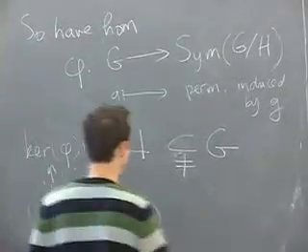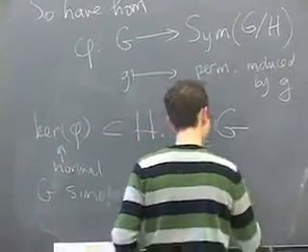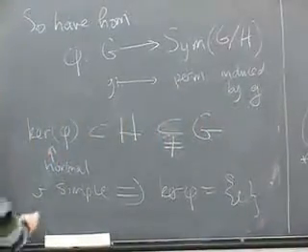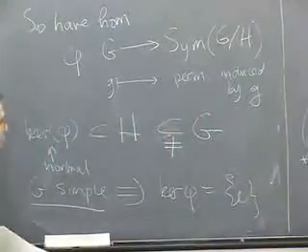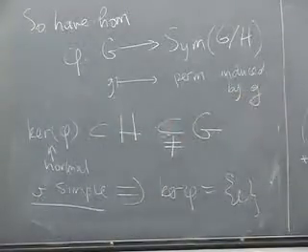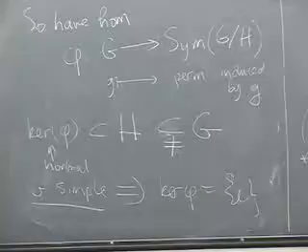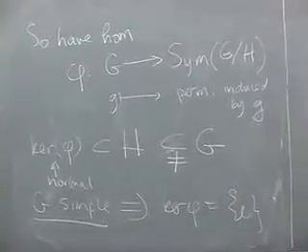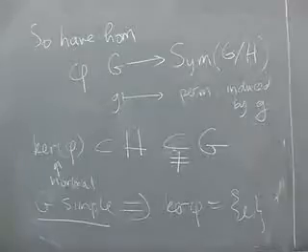It's trivial. The kernel of phi must be trivial. That's the definition of simple. So, what does the isomorphism theorem tell us? Exactly. The isomorphism theorem tells us that phi must be injective.